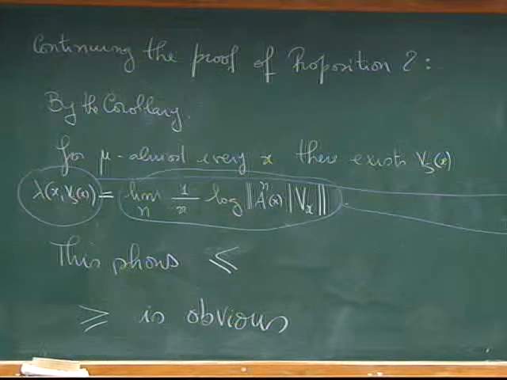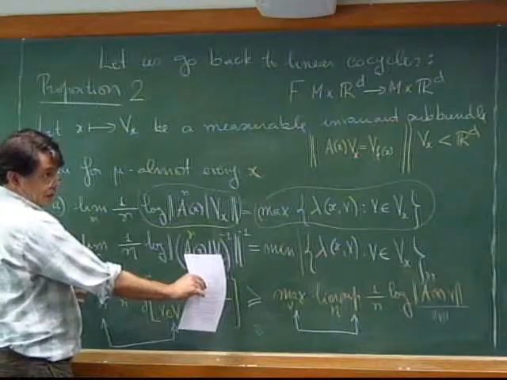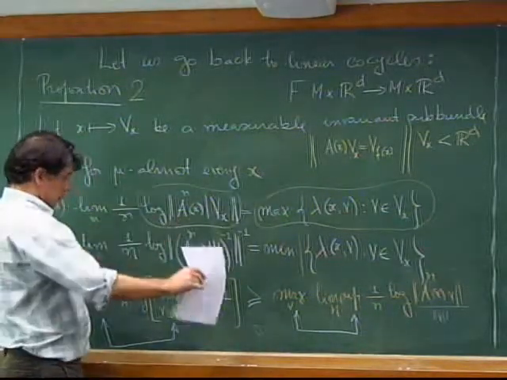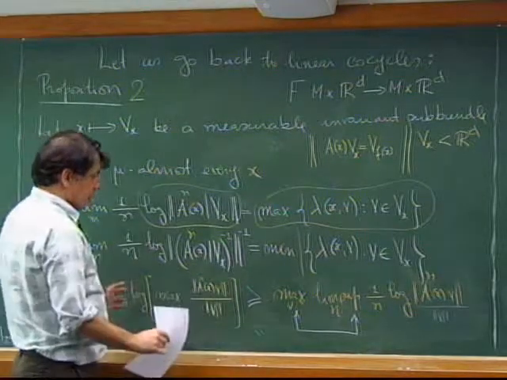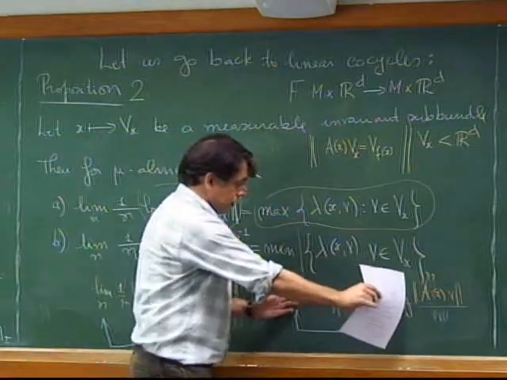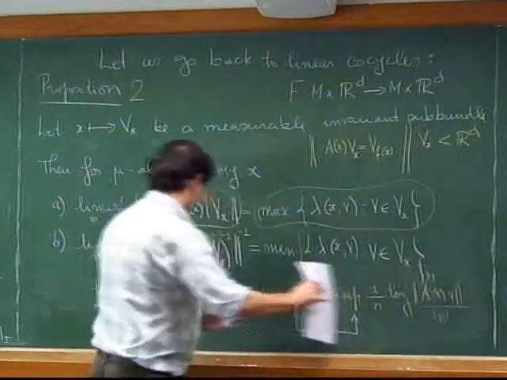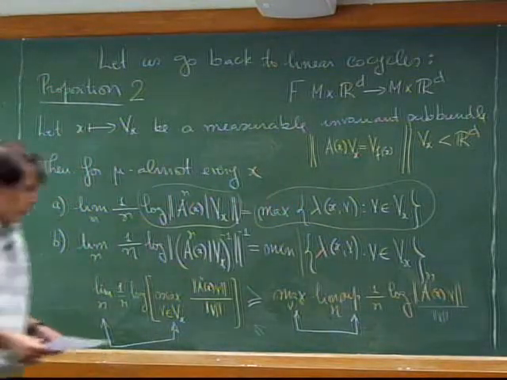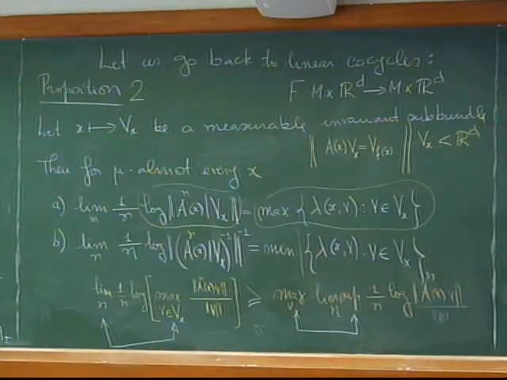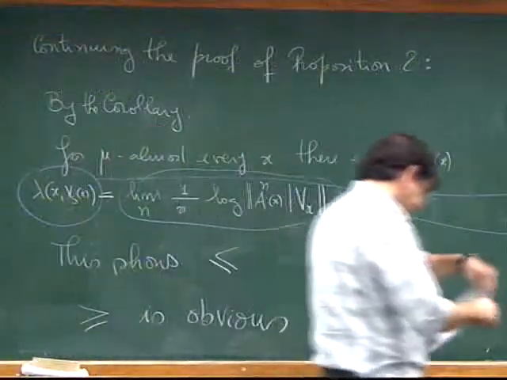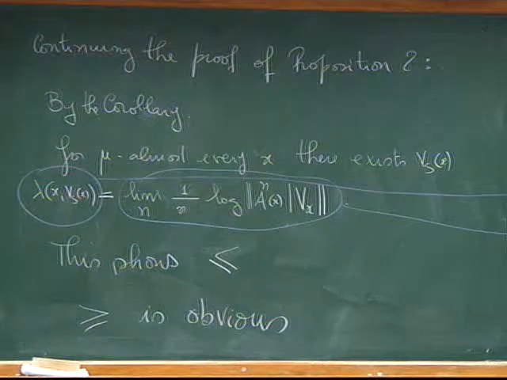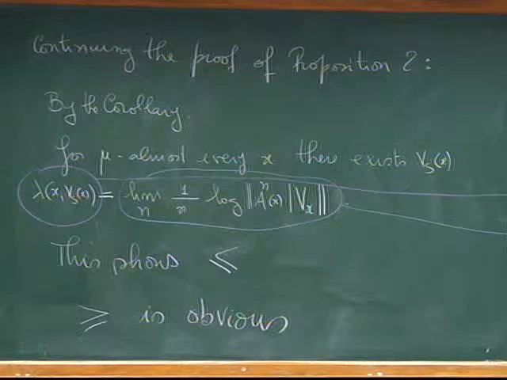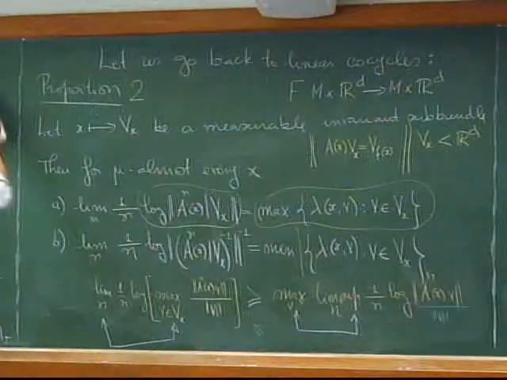You take this expression here, surrounded in blue, and you find some vector such that this expression is bigger than this one. I found that vector, so I proved this inequality. Okay. So we have proposition 2.